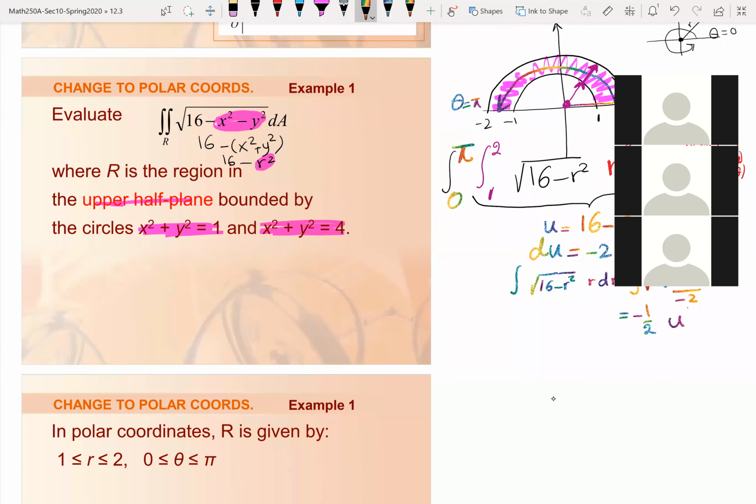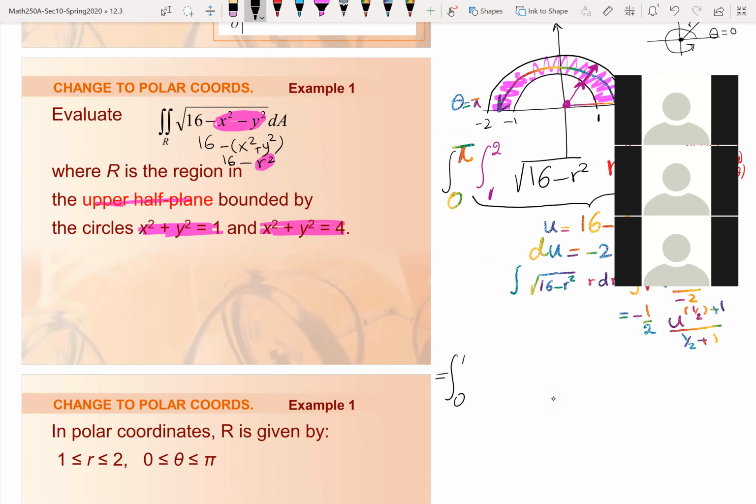So I will have u to the power of 1/2 plus 1 divided by 1/2 plus 1, right? This process is really something I encourage you to do in your mind, and then write the answer for me.